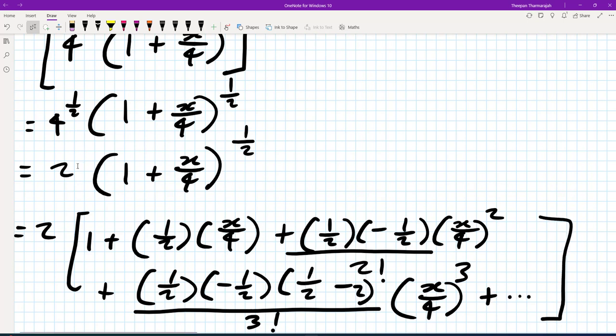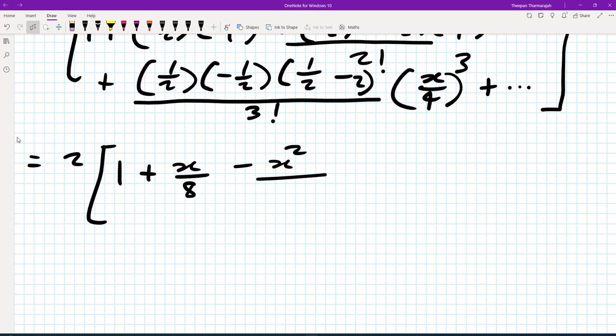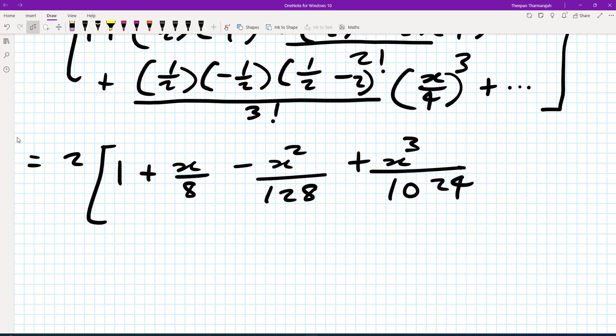Then what that simplifies down to is the following. So we end up with 2 times 1. You can simplify these coefficients on your calculator. So minus x squared over 128 plus x cubed over 1024 plus other terms in the series.